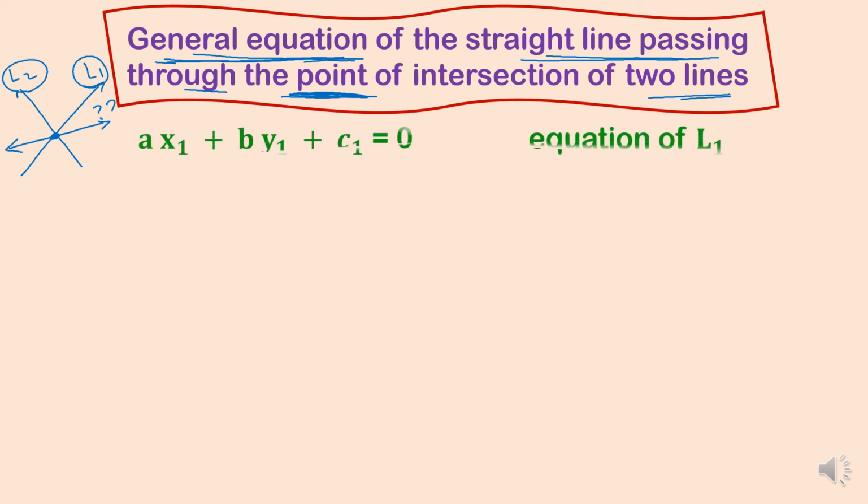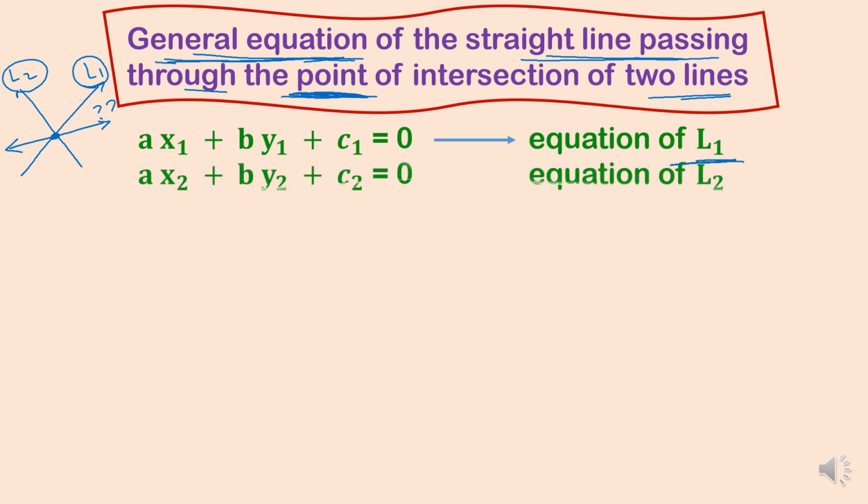So, a1x plus b1y plus c1 equals 0 is the equation of L1. a2x plus b2y plus c2 equals 0 is the equation of L2.